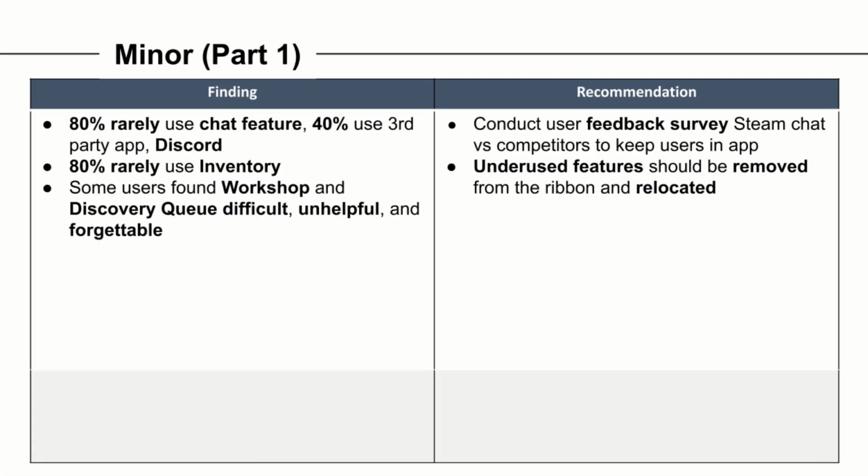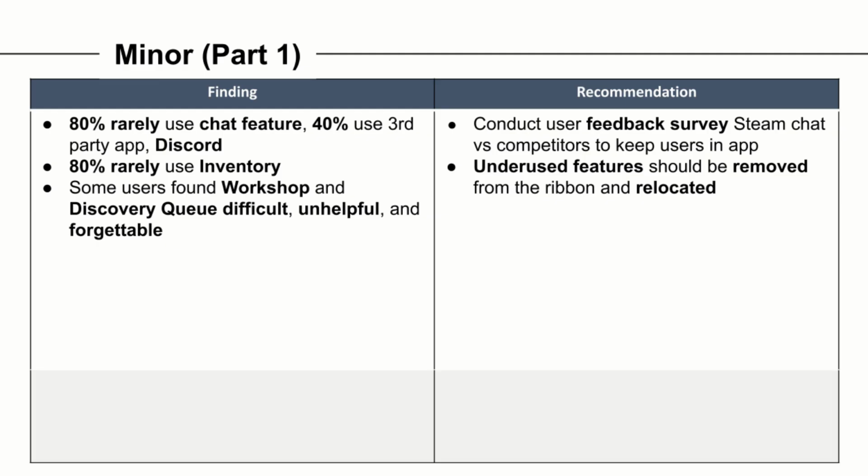Moving on to minor concerns, users rarely make use of the Steam chat, oftentimes favoring third-party apps like Discord instead. In order to keep users on platform, Steam should conduct a user feedback survey to find out how to make their chat more competitive with these other apps.